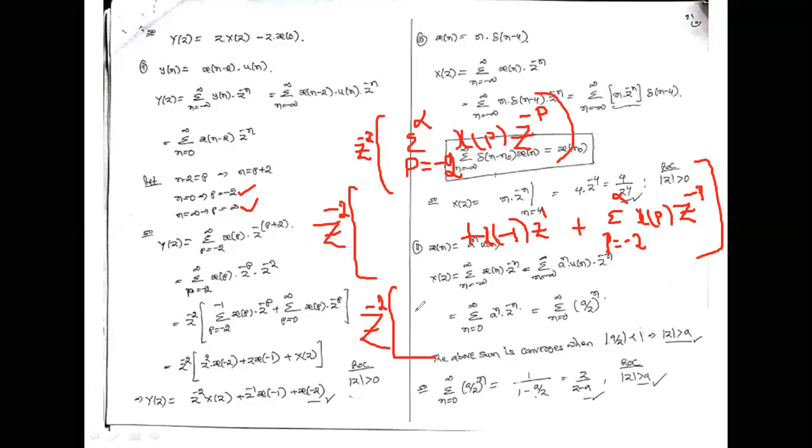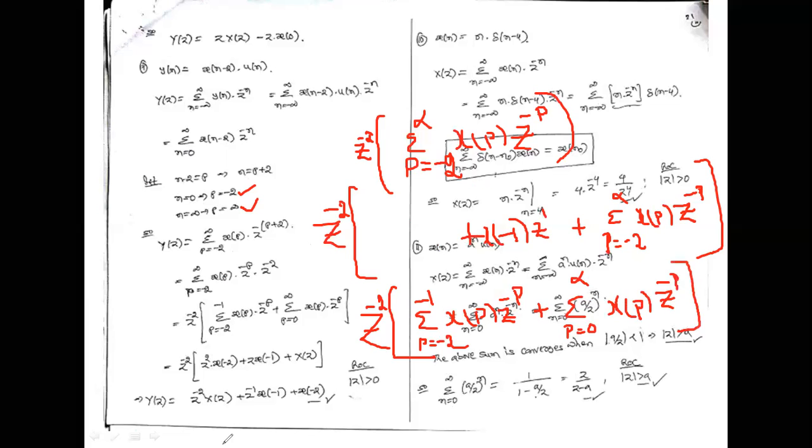So I am taking this one as the sum over p equal to minus 2 to minus 1 of x of p z power minus p, plus what we got, and the sum over p equal to 0 to infinity of x of p z power minus p.